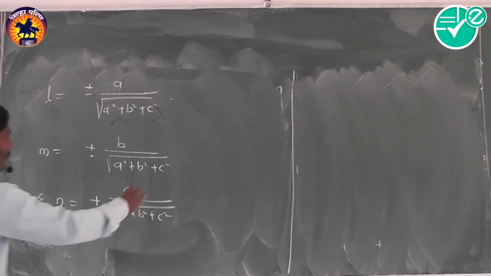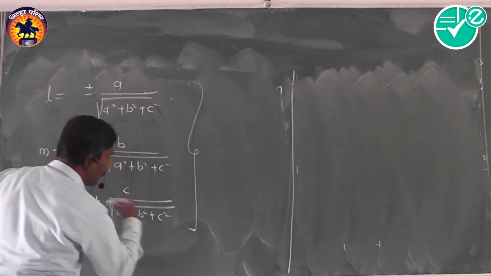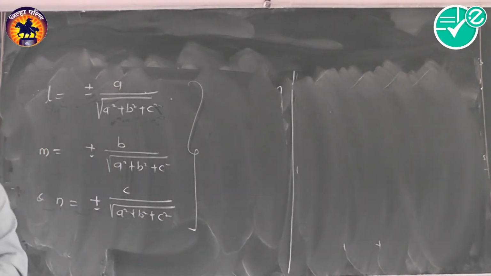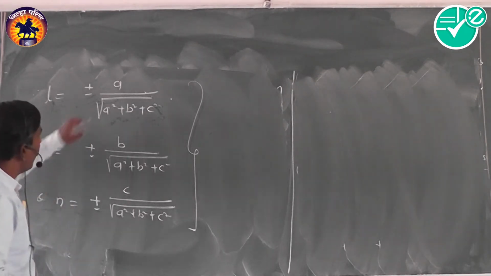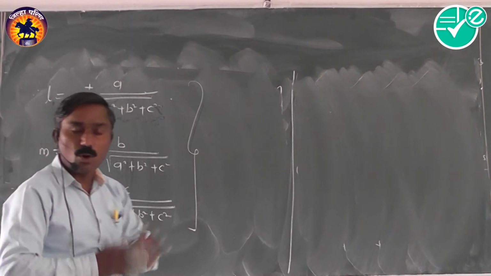This is important, because it is the relation between direction cosine and direction ratio of the line.